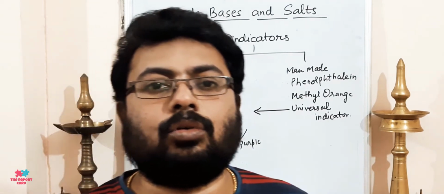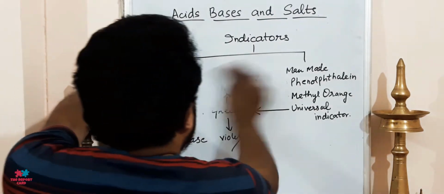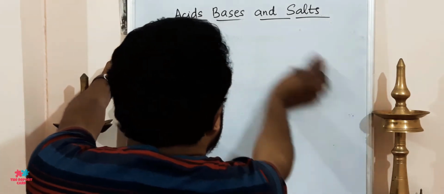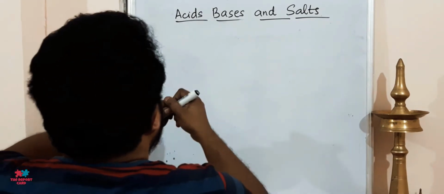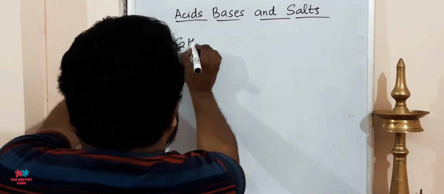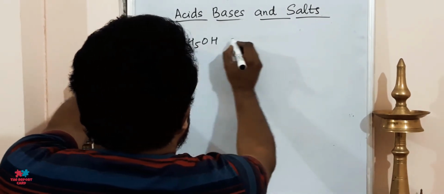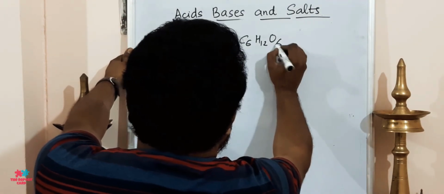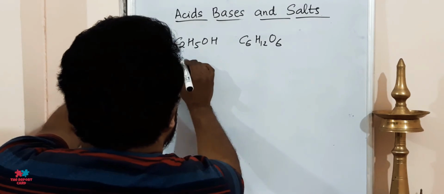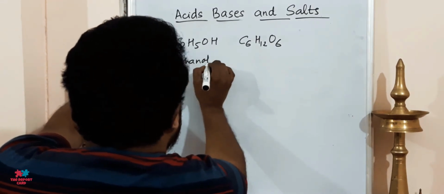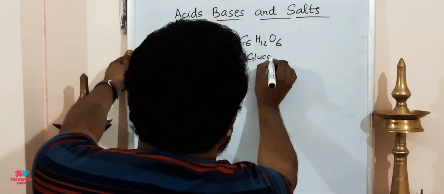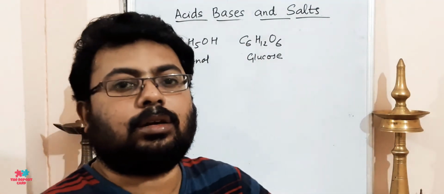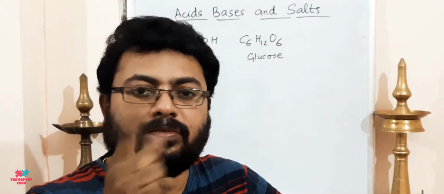I'll just write down. This is ethanol, and this is glucose. They both contain hydrogen, yet they are not acids. Why? This is the first question.